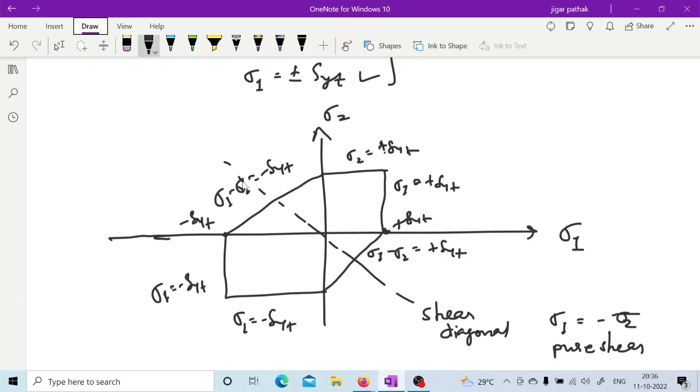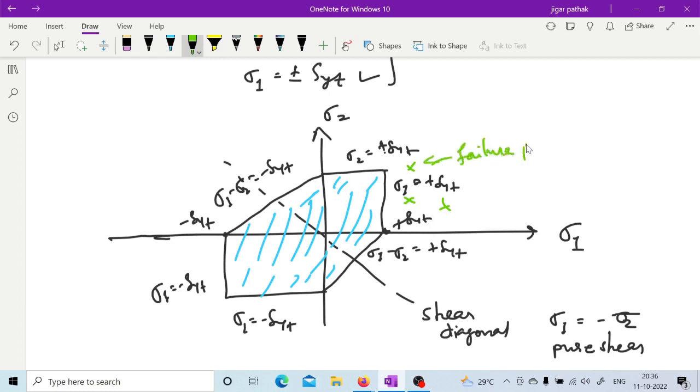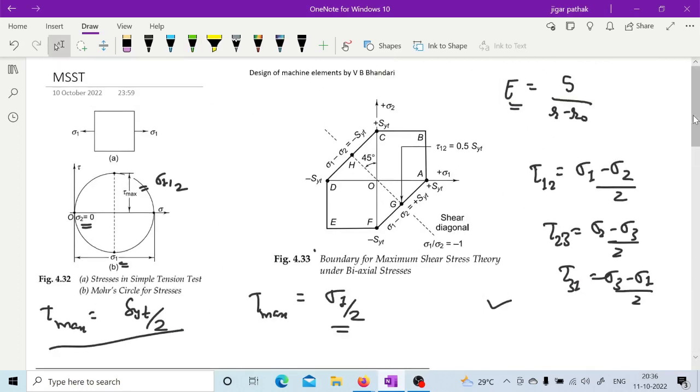So this is how you have this envelope under which your stress points are safe, and if a point lies outside, then it will be a failure region, right? These are known as the failure points. So this is how you have the region of safety in case of the maximum shear stress theory, as you can see here.